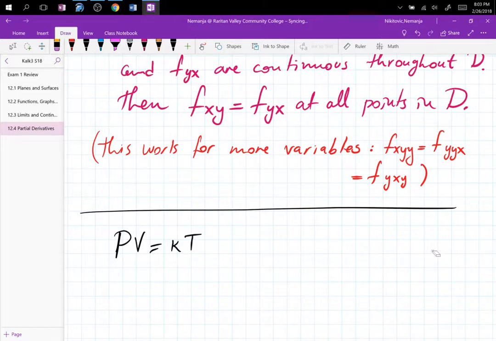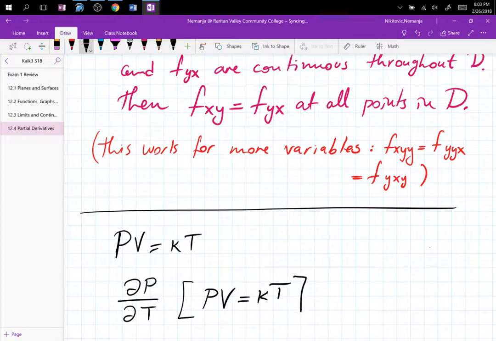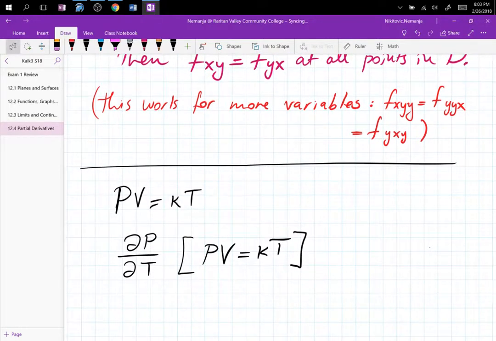And you can find all the other applications of this. So now you can measure the change of pressure with the partial derivative as you keep the volume constant and let the temperature change. So you can find the partial derivative of the pressure with respect to temperature for this equation. PV equals KT, so what's the derivative of this with respect to temperature?